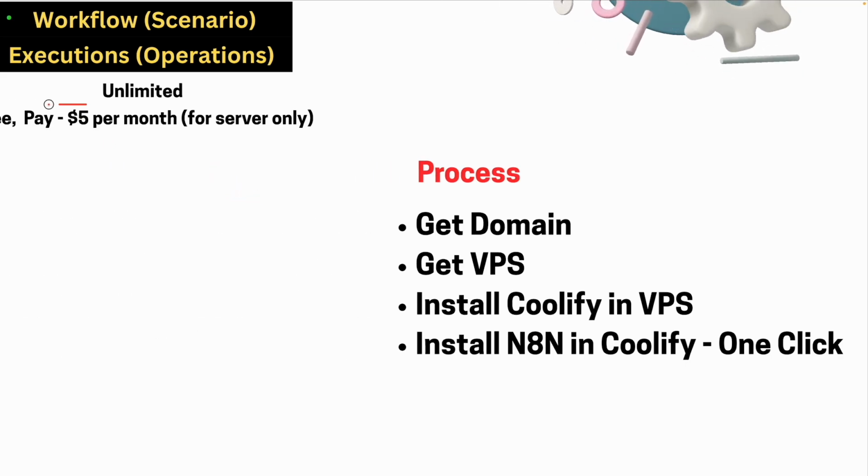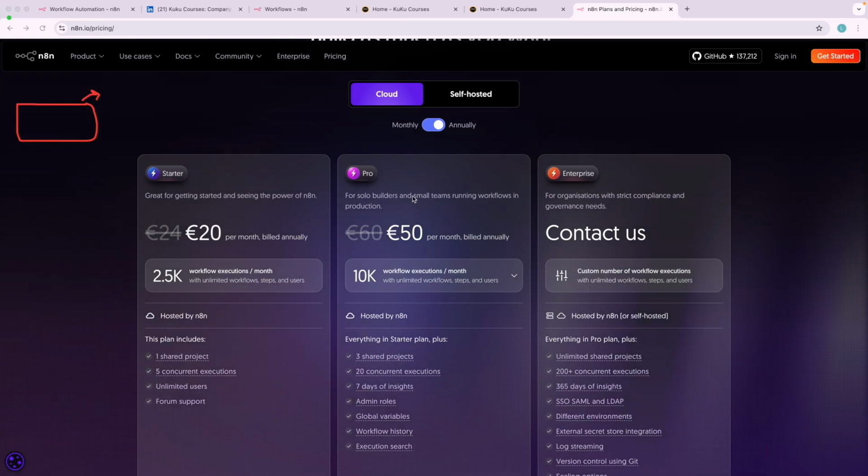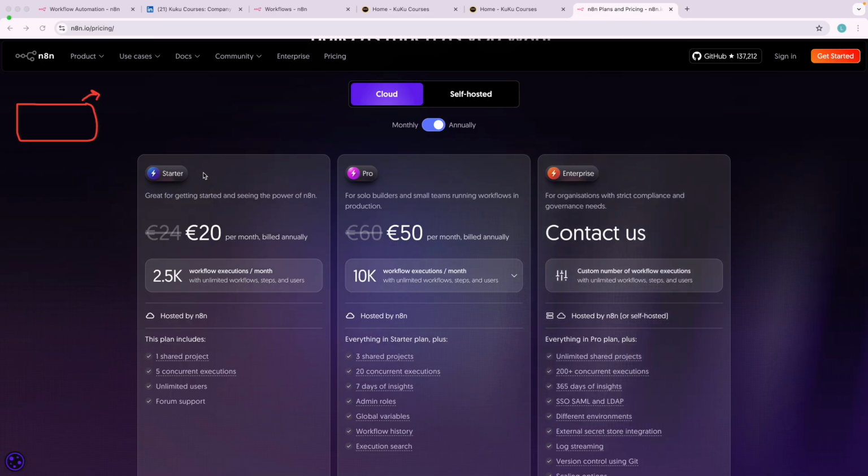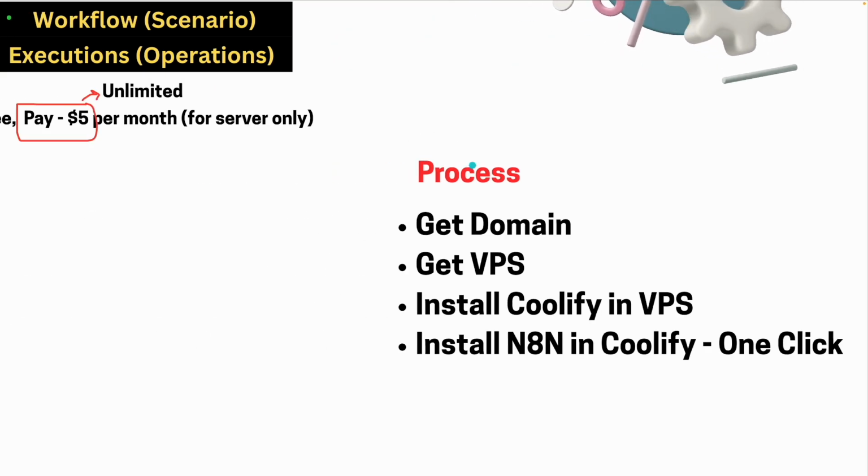But paying less is more beneficial for us, especially where we get unlimited functionality, right? So of course it's totally up to you whether you want to install it yourself or use the cloud. You can simply get started, and both will work the same way.